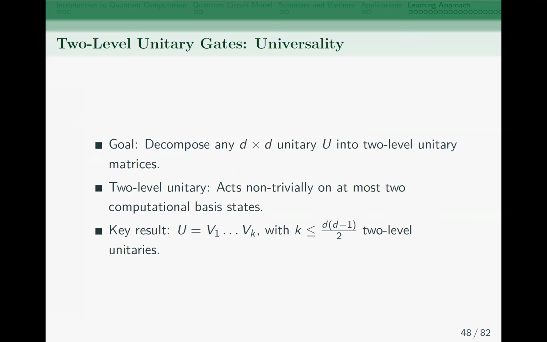Now let's say we're working with a general 2^n times 2^n, a general d by d unitary. Forget about all these results that we proved. Let's say somebody gives you a d by d unitary. My claim is that you can decompose any d by d unitary using so-called two-level unitaries. A two-level unitary is a unitary that is large, but it only applies on a small two-level part.